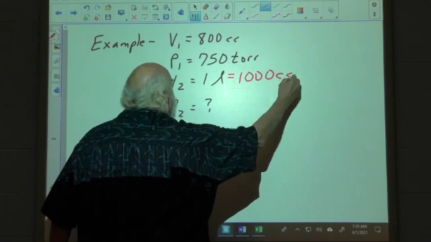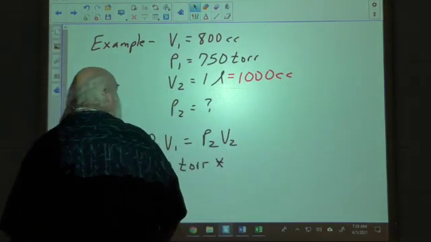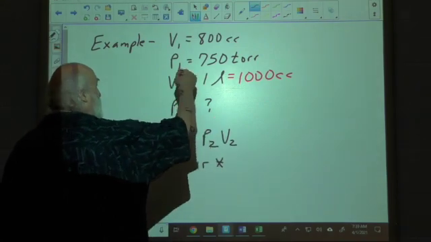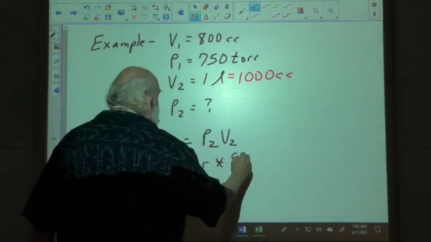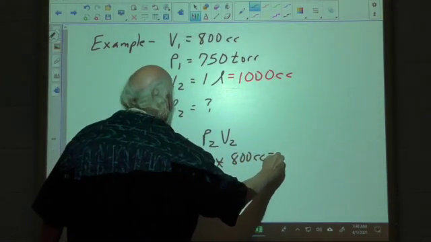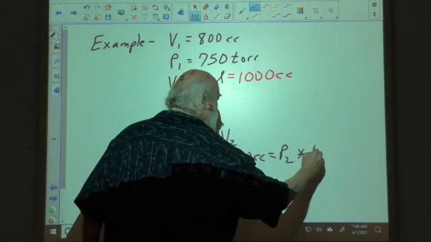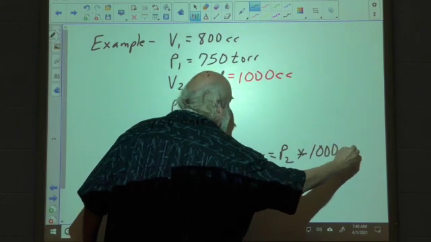So we're going to change that to 1,000 cc and plug that in when we get to V2. But V1 is 800 cc, equals our unknown second pressure times 1,000 cc.